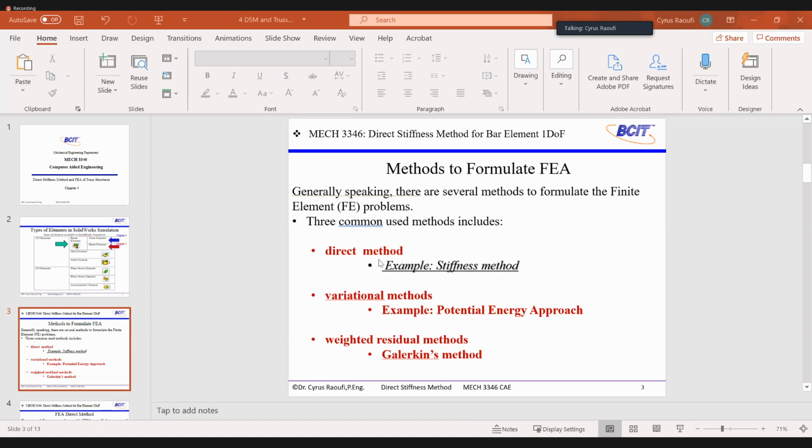The first one, direct method, is based fundamentally on equilibrium equation at element level.